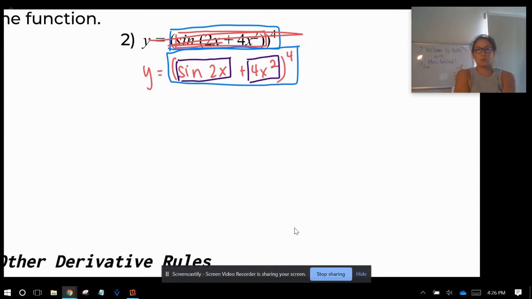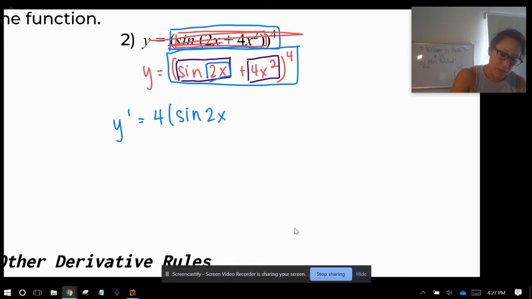Okay, so the next level is to take the derivative of sine of 2x and the derivative of 4x squared. Now, the inside of sine of 2x would be 2x. All right, so here we go. y prime is equal to, we're going to bring the 4 to the front, times everything on the inside, which is the sine of 2x plus 4x squared.